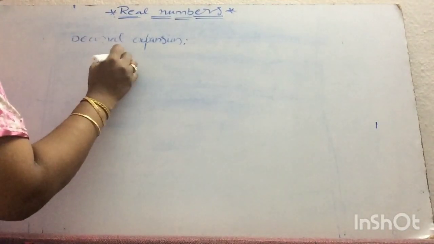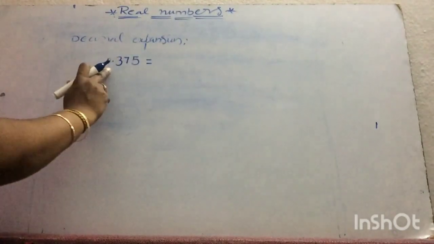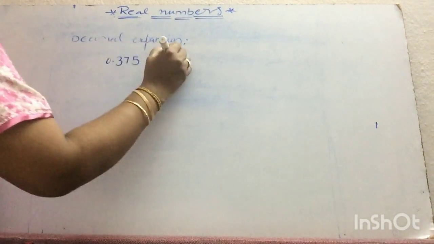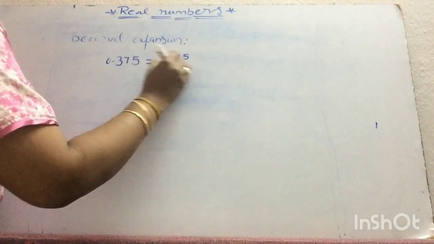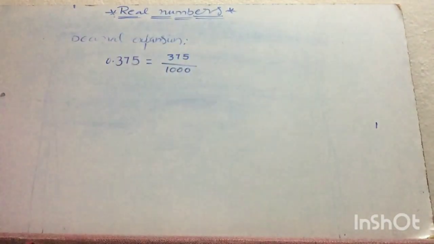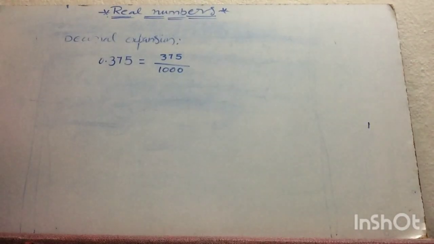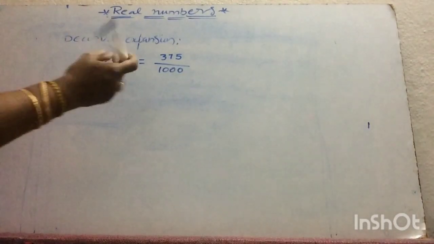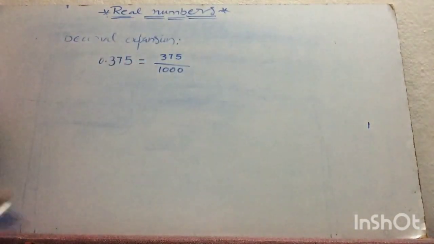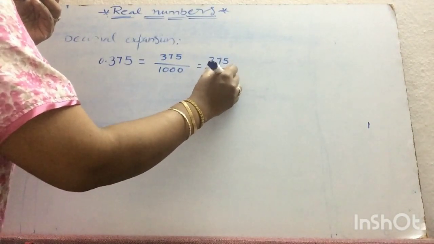Suppose you take the value 0.375, then we will write it as 375 by 1000. That means I will write it as 375 by 10 cube.